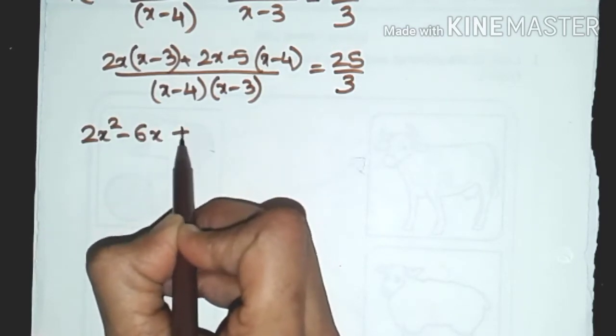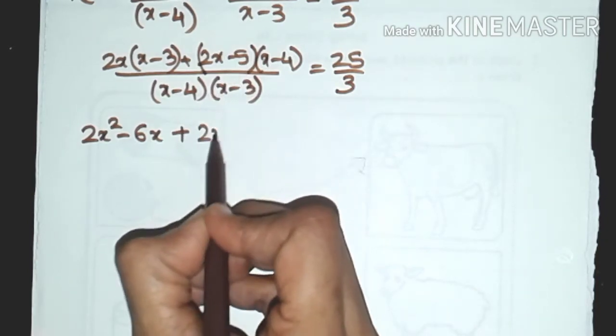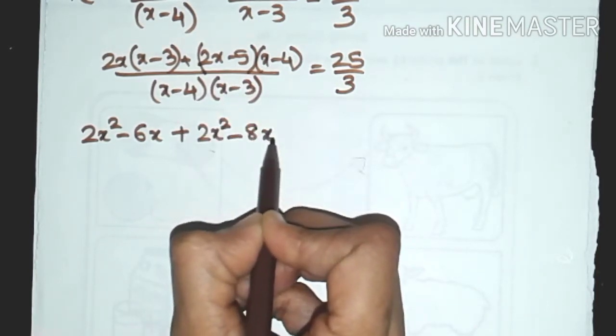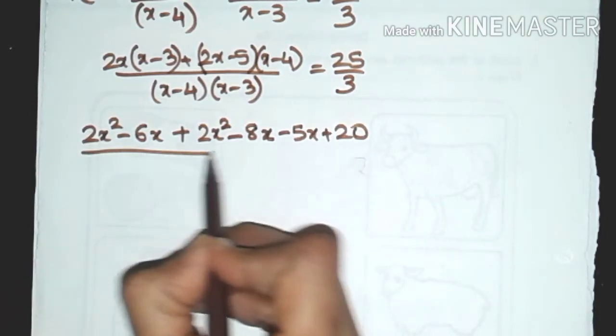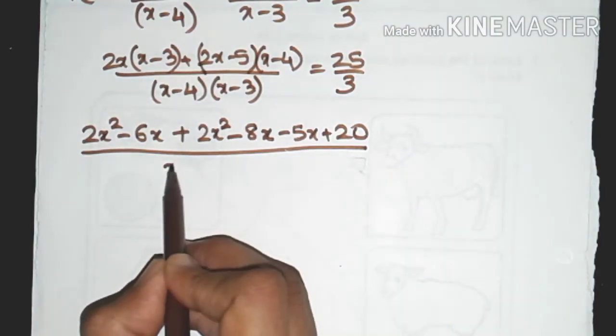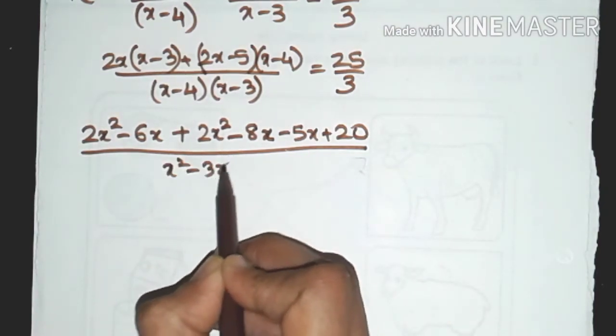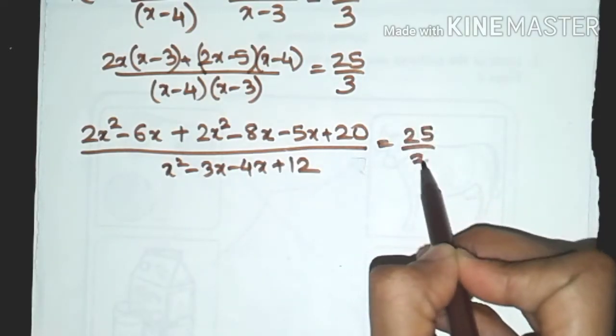Minus 6x plus, got a bracket here, so you'll get 2x square minus 8x minus 5x plus 20 completely divided by, you can open these brackets also, you will get x square this way equal to 25 by 3.